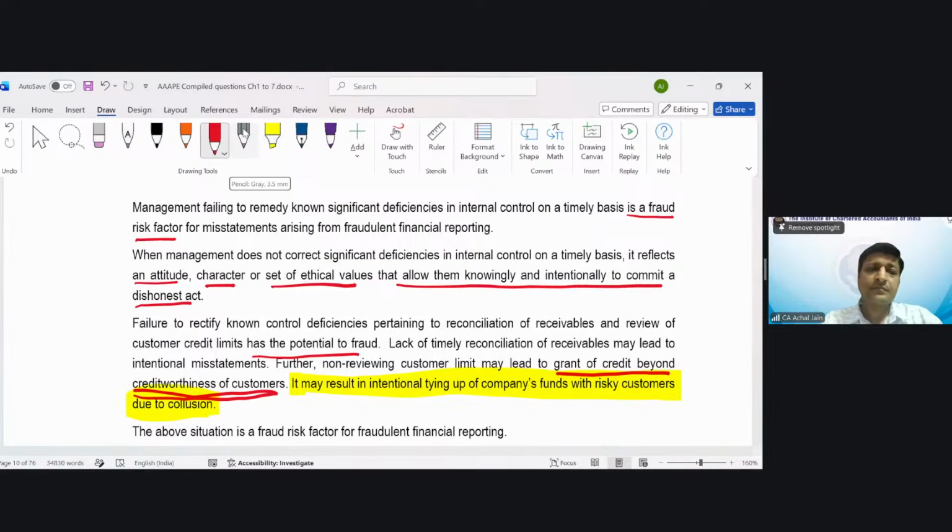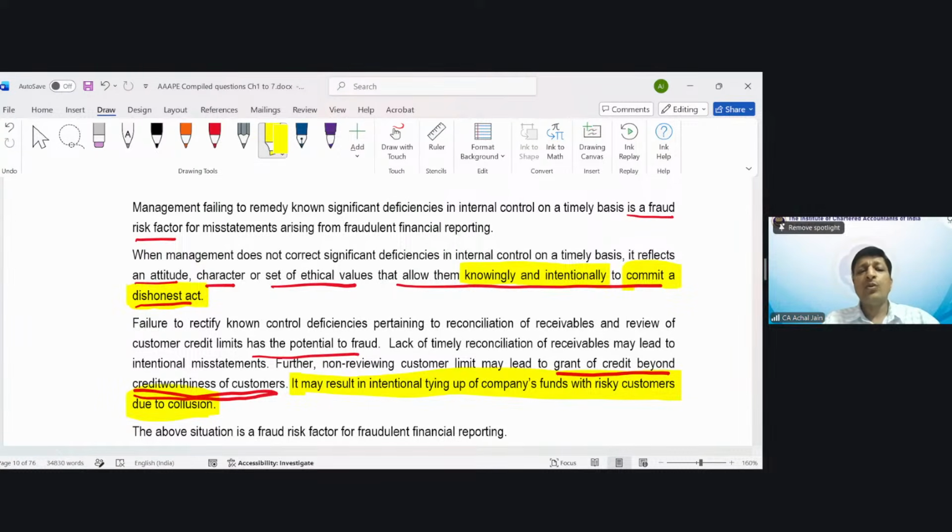Undoubtedly, when the management doesn't correct significant deficiencies in the internal control on a timely basis, it reflects what? An attitude, character, or a set of ethical values that allow them to knowingly and intentionally commit a dishonest act. Now, this is a bigger concern. Yes or no?